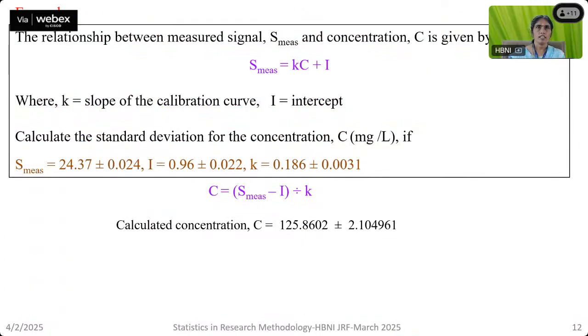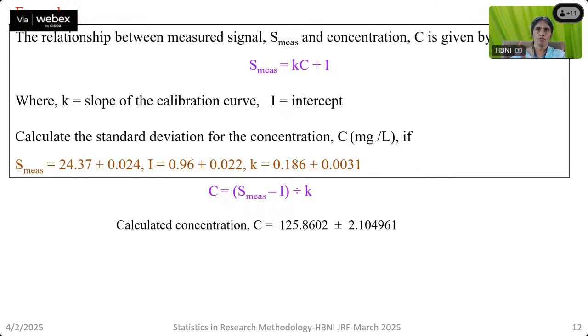Okay, in this example, one equation is given: somebody is measuring a signal which is proportional to concentration, and there is a slight interference from the instrument that is called the intercept. So here you can see a constant into concentration plus I, a multiplication operation as well as an addition operation.